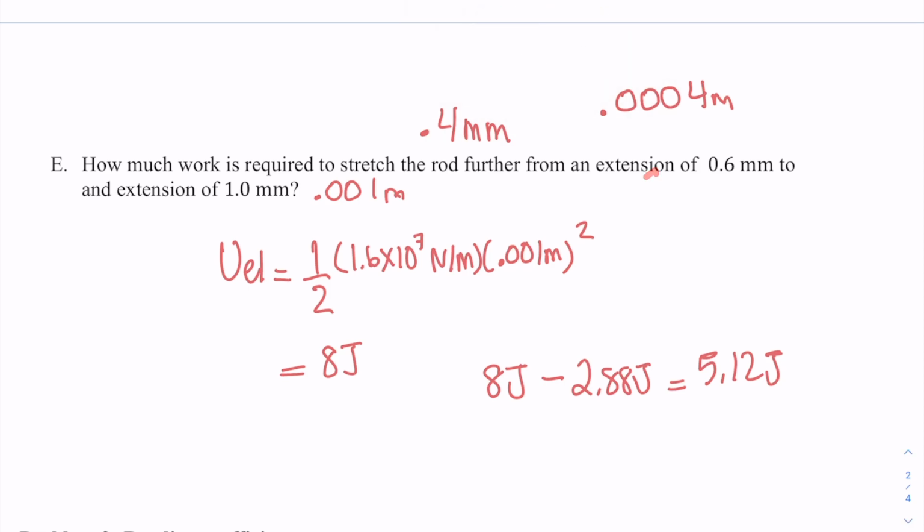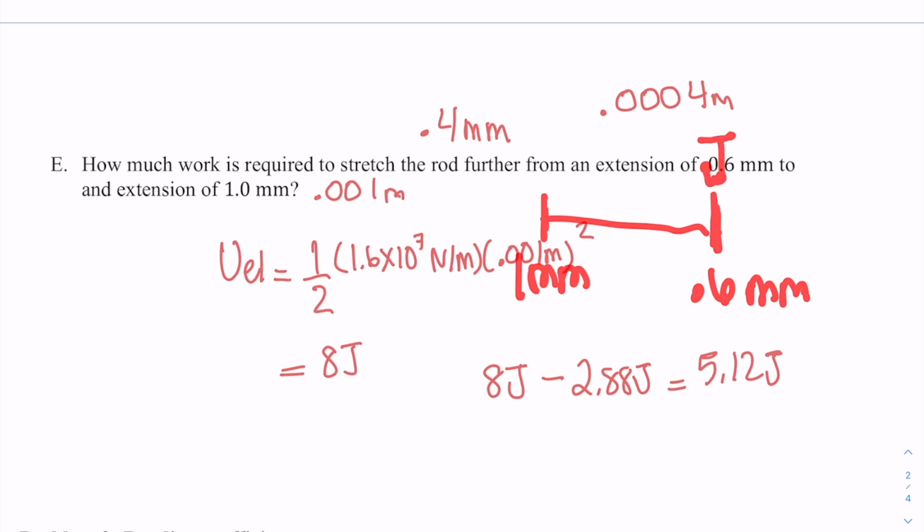So that would tell us the elastic energy at an extension of 0.4 millimeters, which is not as extended as 0.6 or 1. We're trying to figure out, here's 0.6, here is 1 millimeter, here's a certain amount of joules that we get to, so this is our equilibrium position, the rest of the spring.